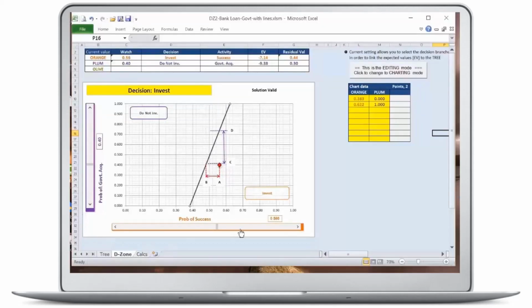What is important to note is the horizontal distance and the vertical distance of the diamond pointer from the demarcation line. Under this scenario, the decision is to invest. But if the diamond pointer crosses to this side, the decision is do not invest. And let's demonstrate that. There you are, change to do not invest. Go back to here. The distance from A to B is the degree of freedom or latitude.